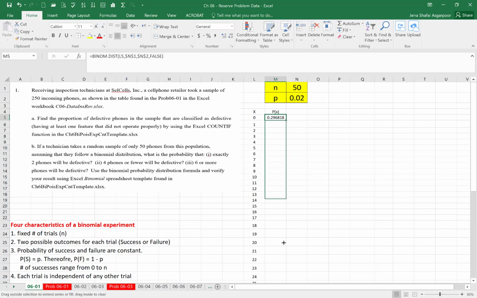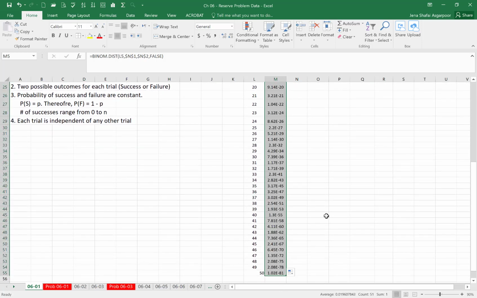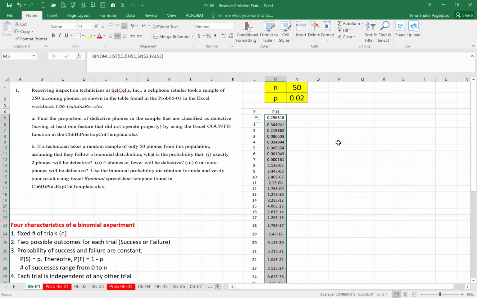So with that, I can copy that down. And these are exact values of each of these x values. So if the number of defects is exactly 3, then we would have a 0.09 probability of exactly having 3 defective units.